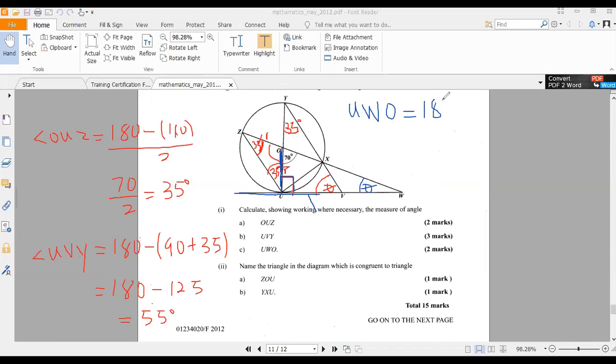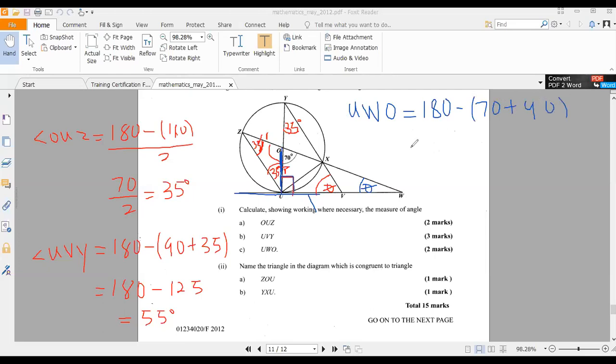Everybody understand so far what I'm trying to do here? Yes, sir. Minus the 70 degrees, which would have been this, plus the 90 degrees. That's the 90 degree. Exactly. Then you work it out.